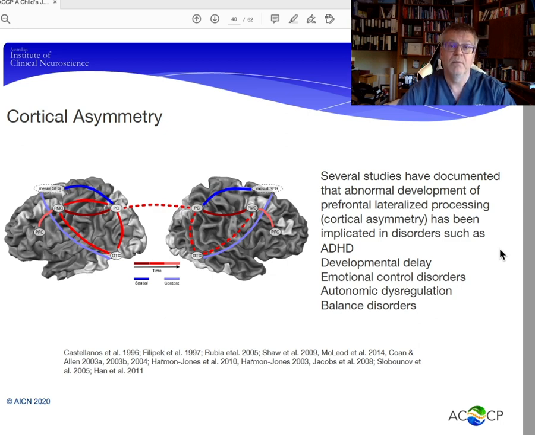Now, the interesting thing is that we've been using cortical asymmetry a long time in functional neurology to correct a lot of the symptomatology. We just didn't really understand how it worked. And the original studies by Carrick in this area, where he was talking about blind spot developments, were really, really challenged and really, really castigated in the scientific field.